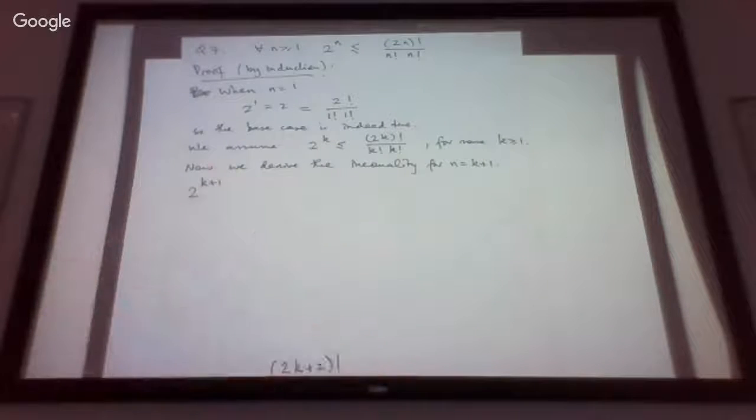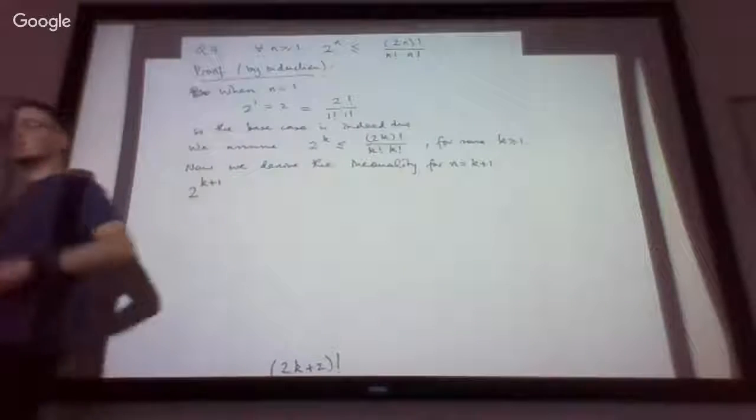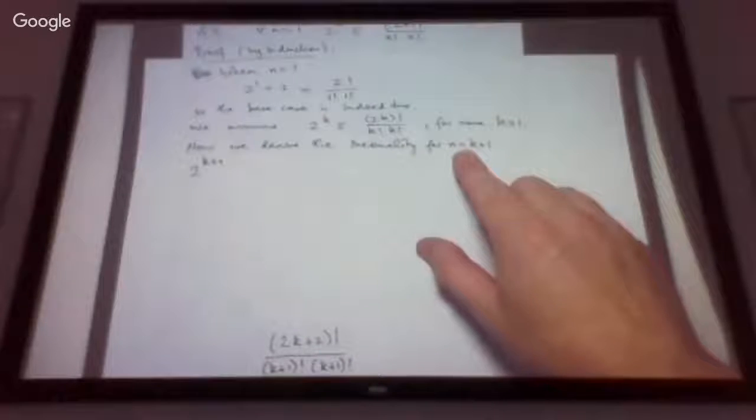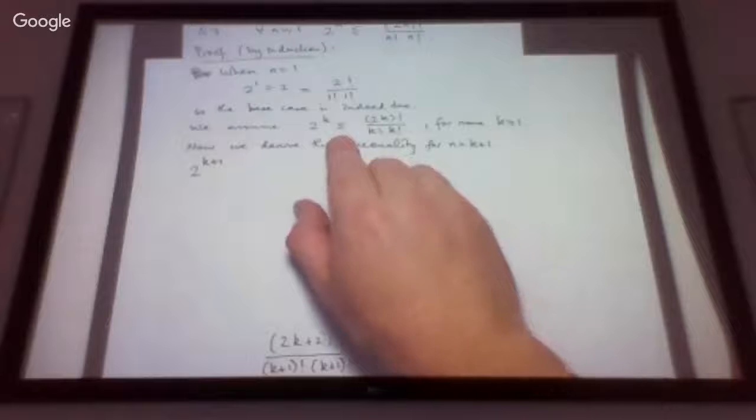I can do this with algebraic manipulation using standard properties of less than or greater than on the integers. And crucially, we're going to have to use this assumption along the way. We're not proving the inequality for n equals k plus 1 out of nothing. We're proving that it follows from the assumption for n equals k.